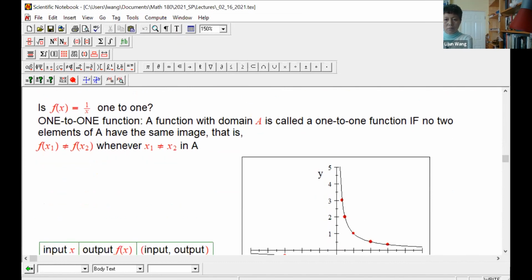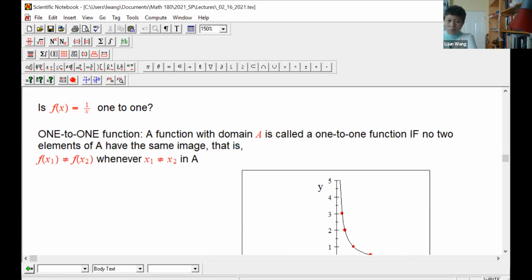Is it one-to-one? Yes. How can you demonstrate it is one-to-one? Every input has its own output. That's right. You're going to use the wording in the definition.